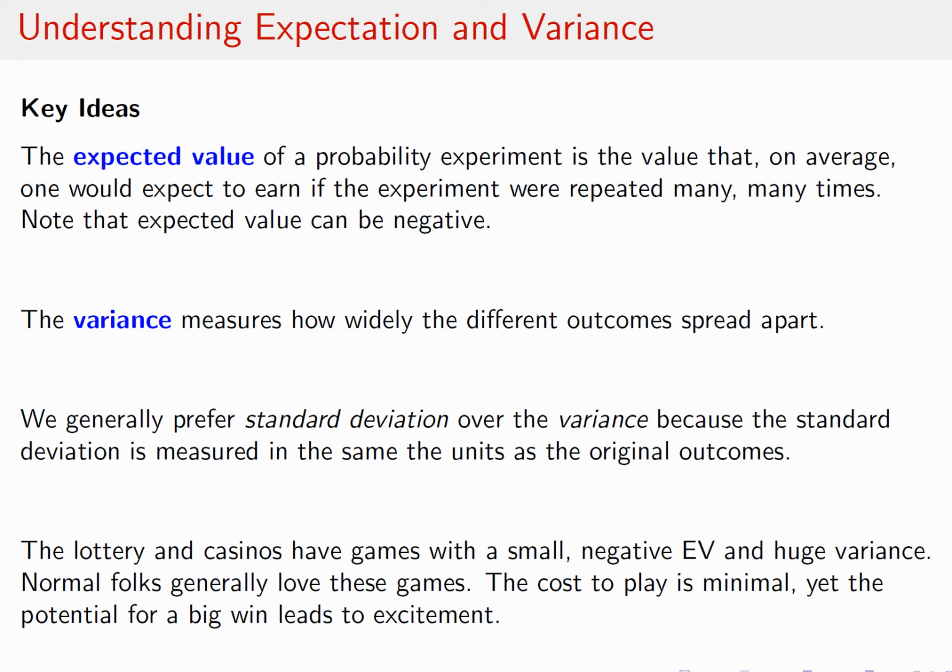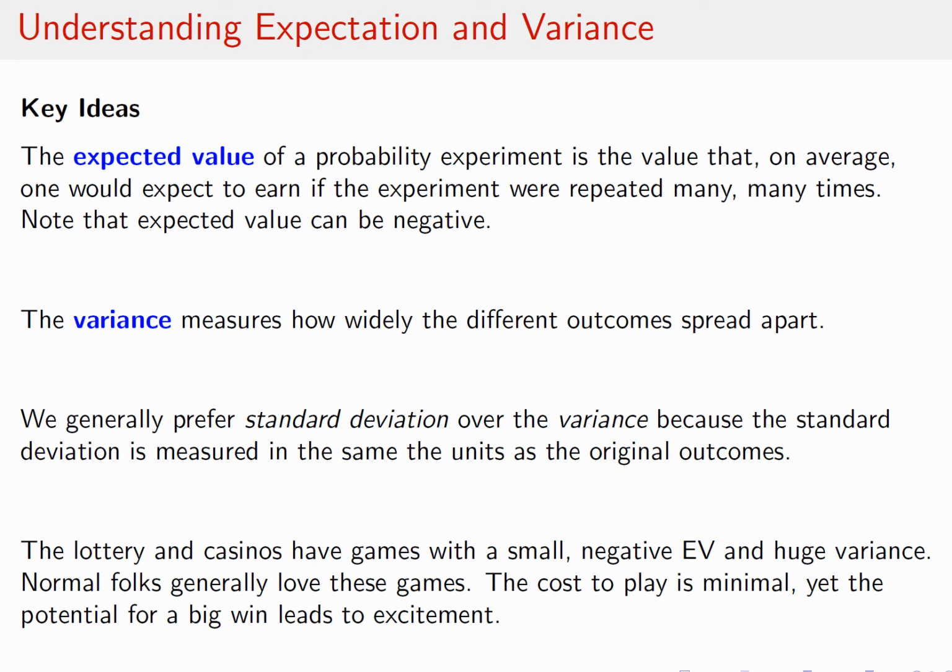Every time you put a quarter in, you're pretty likely to lose it, but it's only a quarter. And if you hit a jackpot, you're probably going to win 200, 300, $400. So there's that negative 25 cents of expectation for each individual play, but the win can be huge. Even if I put $10 or $20 worth of quarters into the slot machine, if I hit the jackpot, the cost to play was very small in comparison to the big payoff.